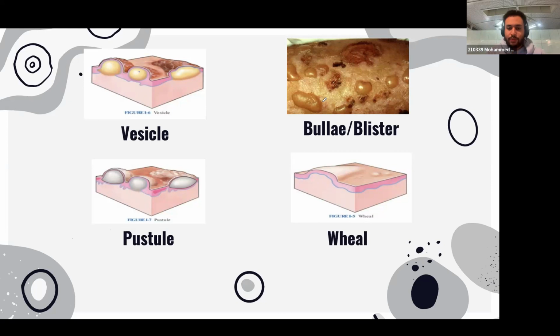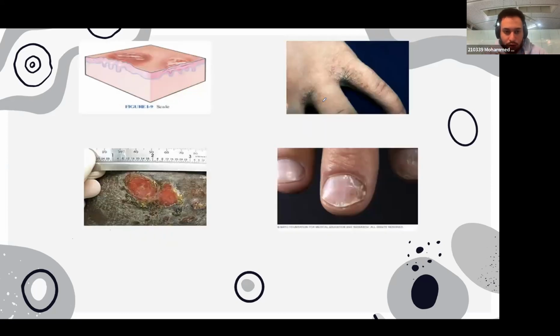We'll get to this. Now to go more. Now let's just say someone has a very itchy, dry area of skin. Okay? This is what we call a scale. Okay? Now let's just say someone has eczema. They started to itch. Later on, it became very dry and gray. What do we call this? Lichenification. Good. Okay?